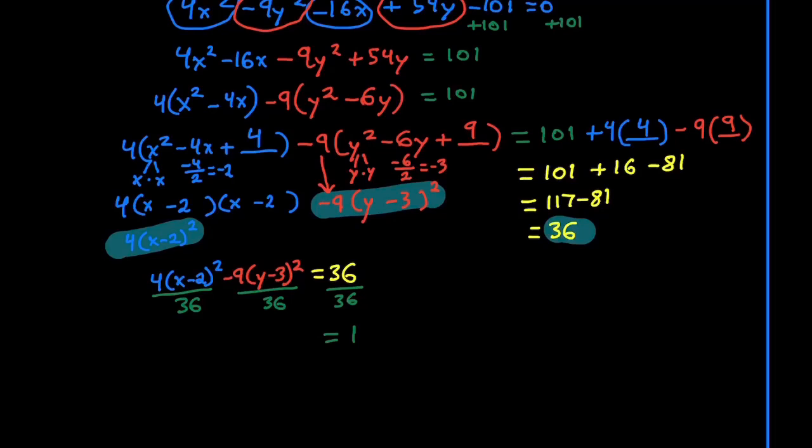And so if I do it on the side, you have 4/36 times the x minus 2 squared. The fraction simplifies to 1/9. And then you can just put the 1 and the x minus 2 squared together, multiply them together, and just put it on top of the fraction. So that's how you would get this side.